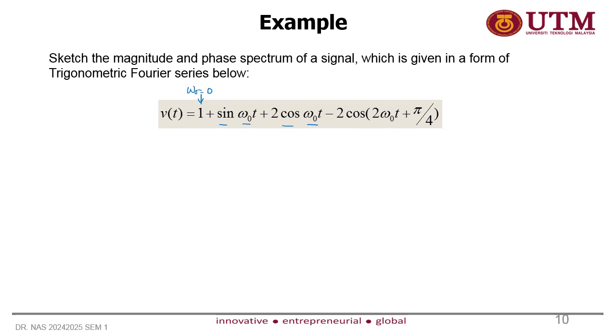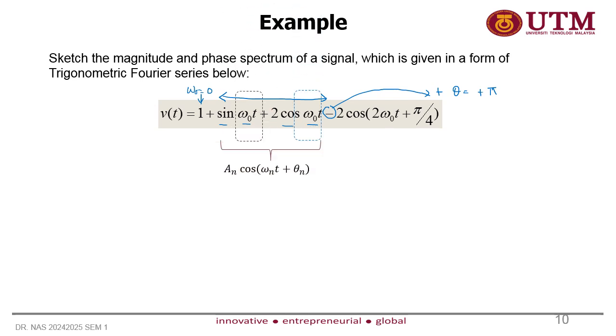Obviously, this sine and cos function share the same frequency, so you need to rewrite this using the equivalent function. For the third component, you have negative cos, so you can convert this negative into positive by having a phase shift of positive pi. So this is the equivalent function. You need to determine what are An, omega n, and also theta n.